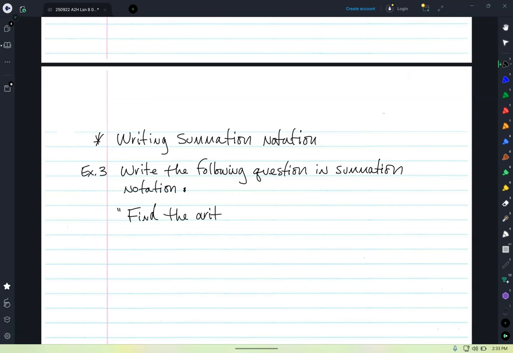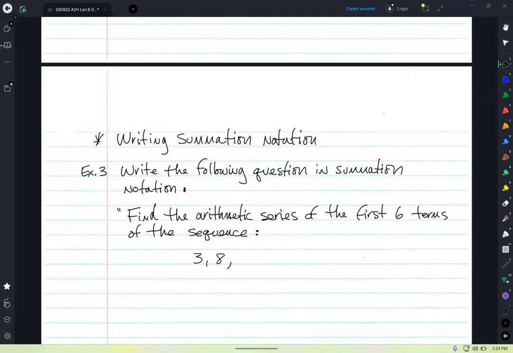Find the arithmetic series of the first 6 terms of the sequence 3, 8, 13, 18, and so on.